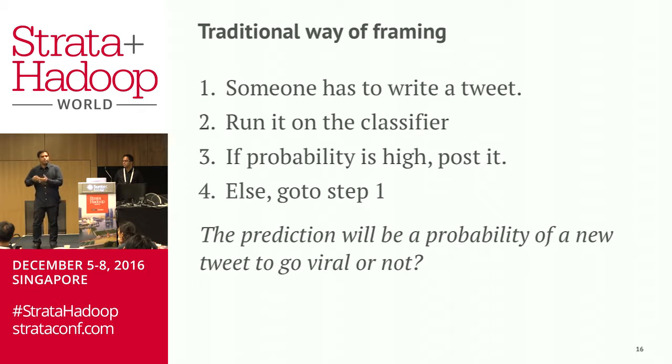If that's the case, we post it. Else, we go back to step number one. So a four-step process. And the idea of that problem would be, can we predict the probabilities for a tweet to go viral? Does that make sense? That's a very traditional statistical way of framing it.